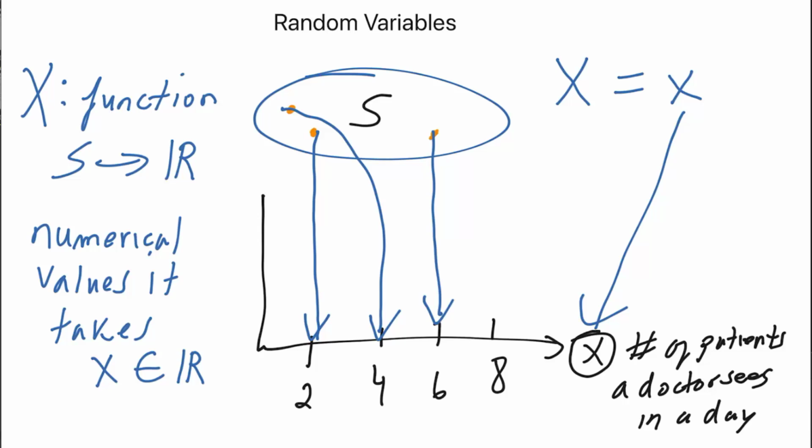So hopefully you're a little bit comfortable now with the notation, because we did look at some of this notation in the linear algebra part of the course as well.